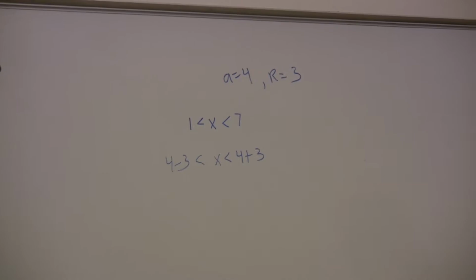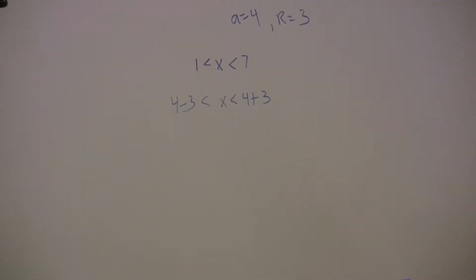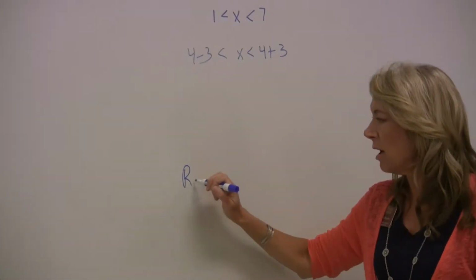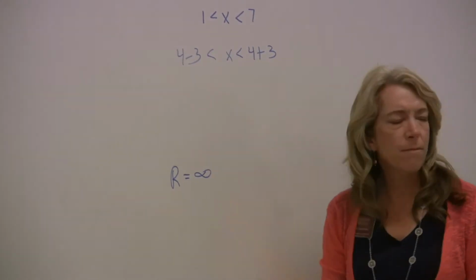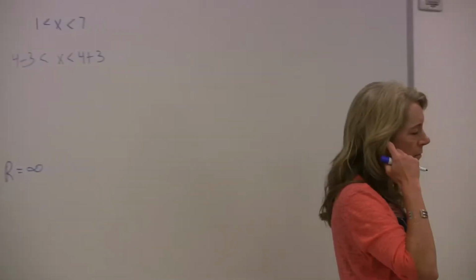Then there's a couple notes. You could have R equals infinity. If your radius is infinity, that means from wherever the center is, you can go infinitely out to the left and to the right. What would that mean your interval is?